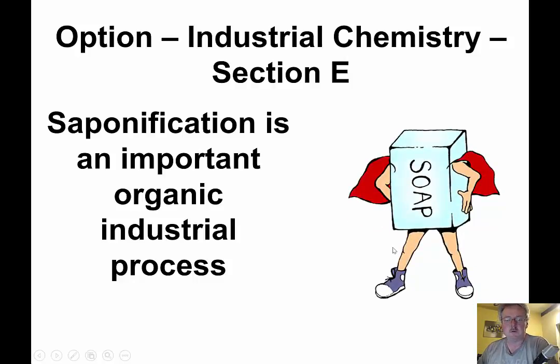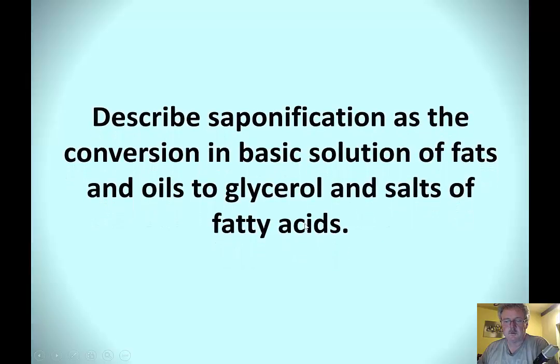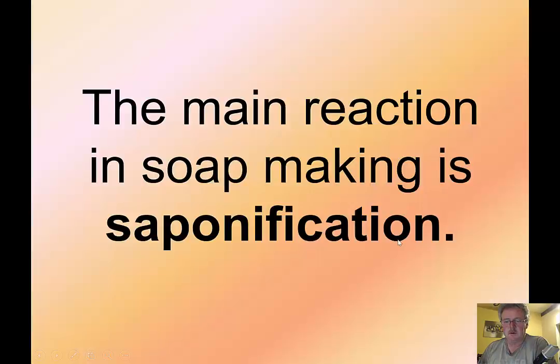In industry it's used to make detergents, soaps, hand soaps, shampoos, etc. Saponification is the conversion, in a basic solution, so sodium hydroxide, of fats and oils to glycerol and salts of fatty acids. And that's the main reaction in soap making. It's saponification.